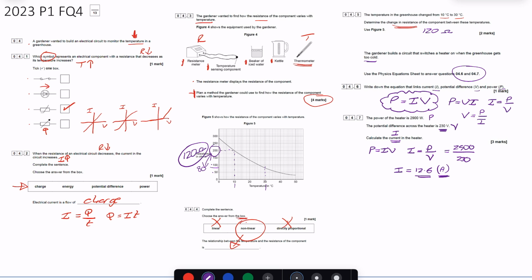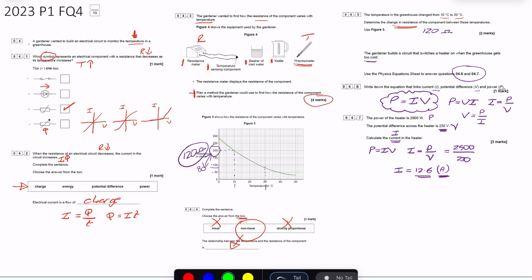And what we needed to know was the symbols. Let me just highlight a few things here to remind you what sort of things we needed to know. We needed to know symbols. We needed to know a definition for electric charge. We needed to think logically and plan an experiment. We needed to know that a straight line is linear. We needed to know that this isn't a straight line.